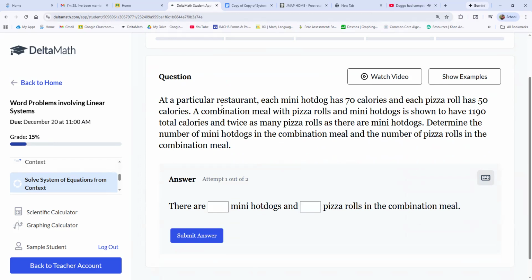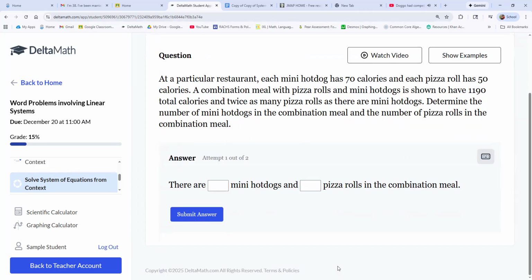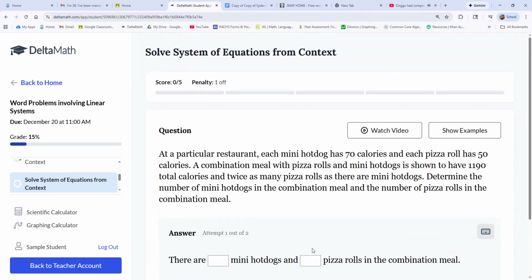They said that a combination meal with pizza rolls and mini hot dogs is shown to have 1,190 calories and twice as many pizza rolls as mini hot dogs. So determine the number.